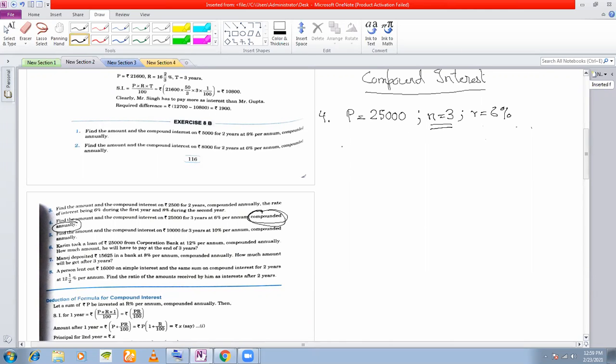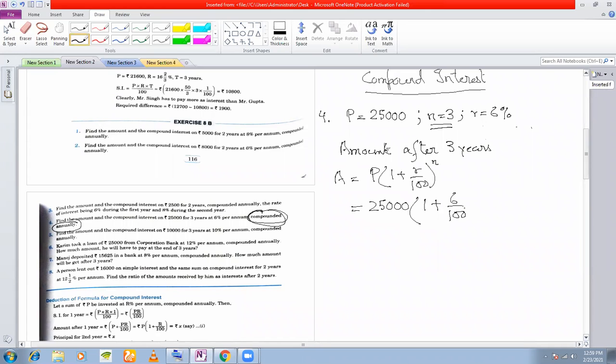So let's find out the amount after how many years? n is equal to 3 years. So the amount after 3 years, A is equal to, write down the compound interest formula, P (1 plus R by 100) whole to the power of n, is equal to, write down the values. P is 25,000, R is 6%, and n is 3 years.